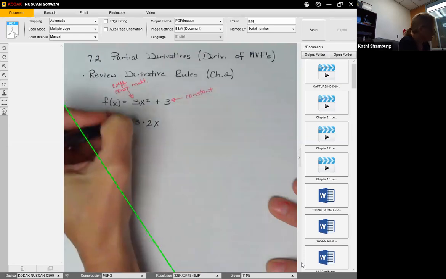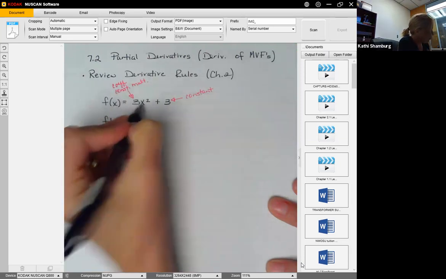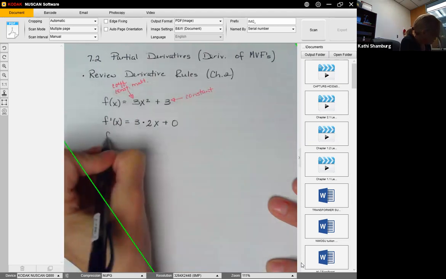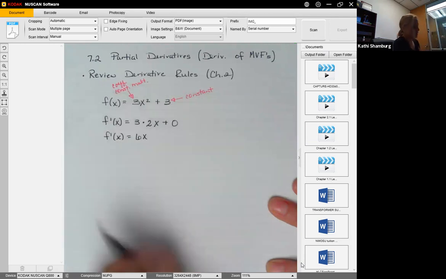So what I want to remind you is that coefficient constant multiple, that number in front just gets brought down and will be multiplied times the derivative of the variable. And then of course the derivative of a constant is just 0. So we know that first derivative is 6x.